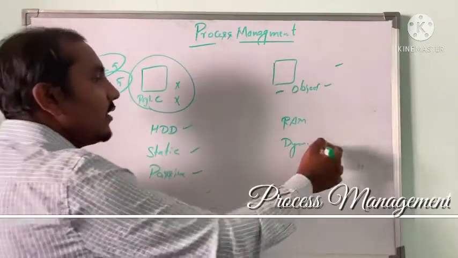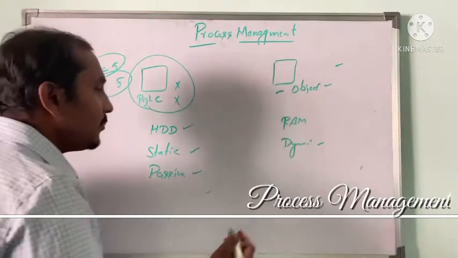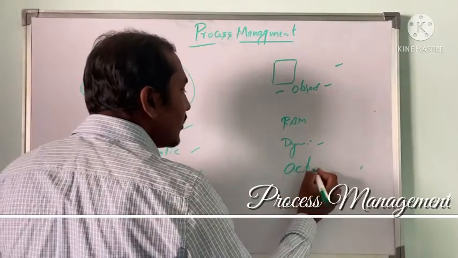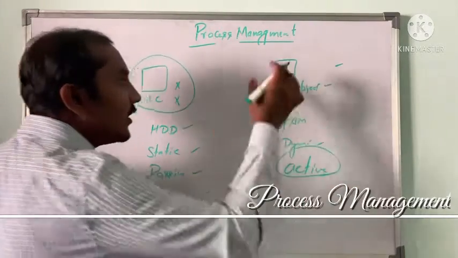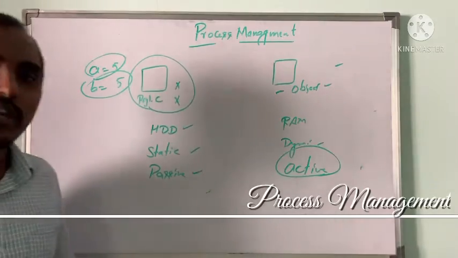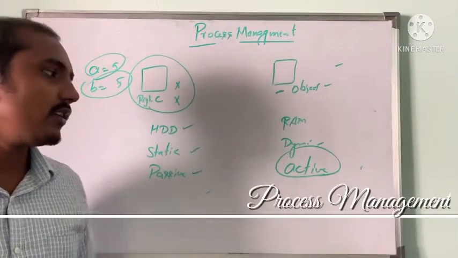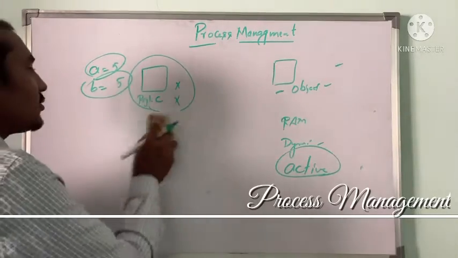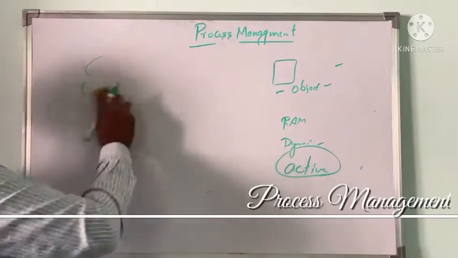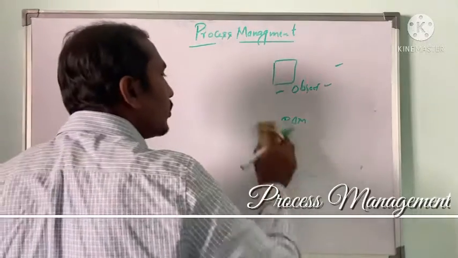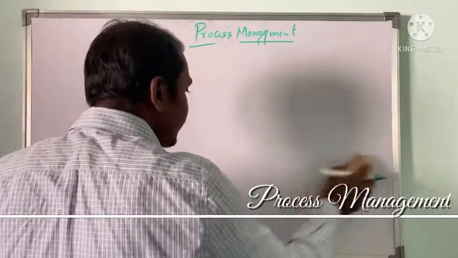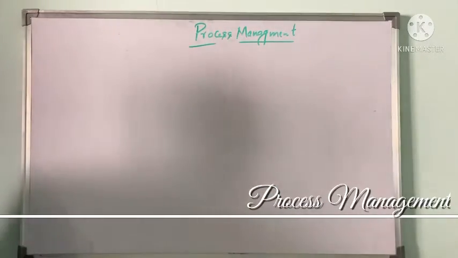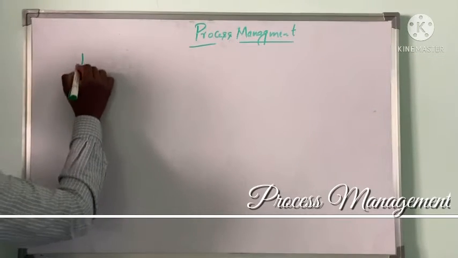That is why it is dynamic. And again, regarding active: since the data in that particular object code is going to change, it is considered an active state. So these are the differences between a passive program and a process. Next I am coming to the process states.